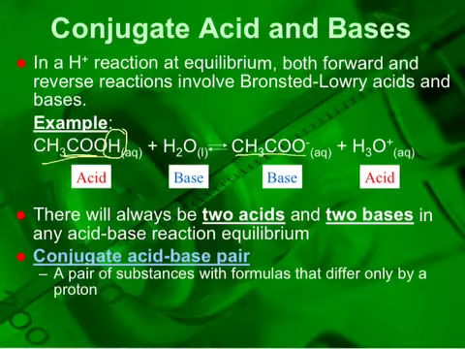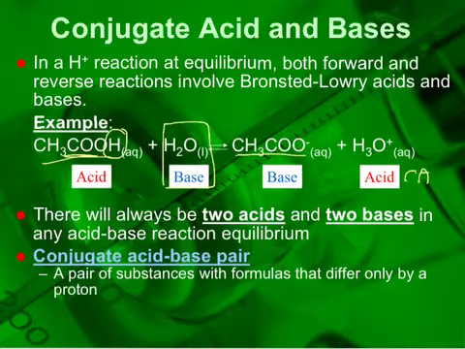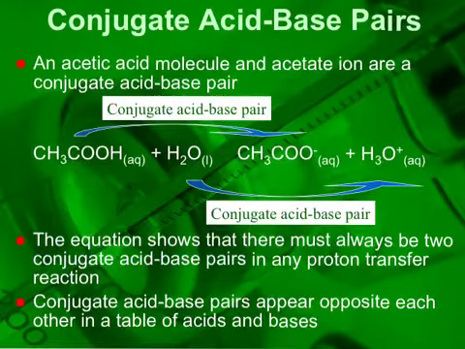On the other hand, our base in our forward reaction, our water, once it gains a hydrogen to become hydronium, now becomes the conjugate acid. So a conjugate acid-base pair is any two substances with a formula that differs only by the presence of a hydrogen. So once again, a conjugate acid-base pair is present in any acid-base reaction.